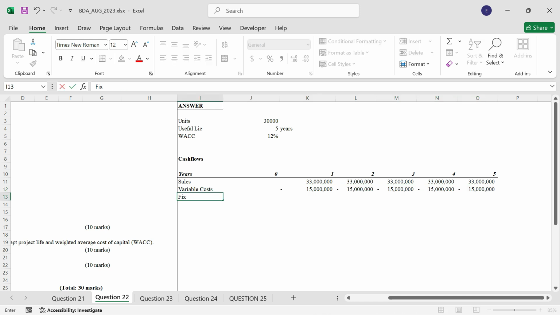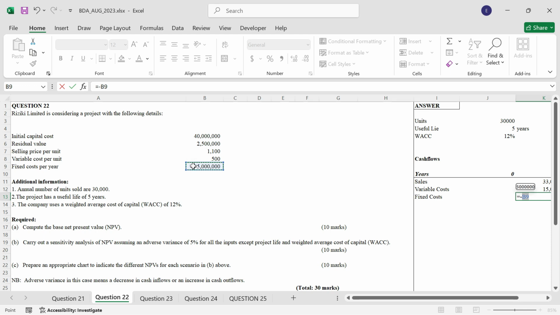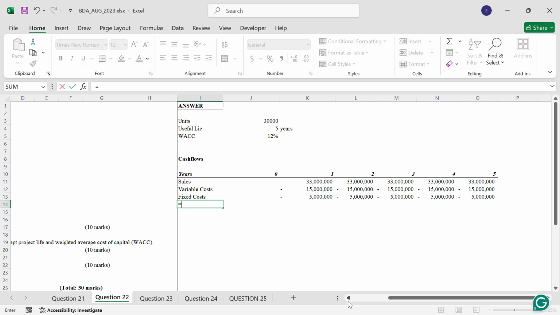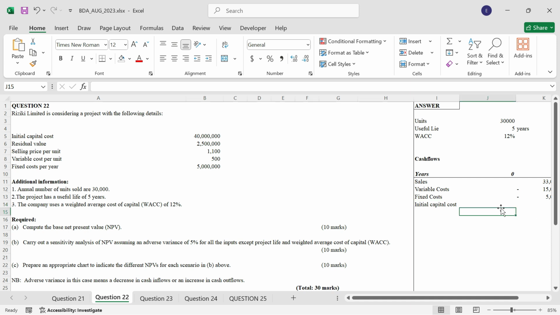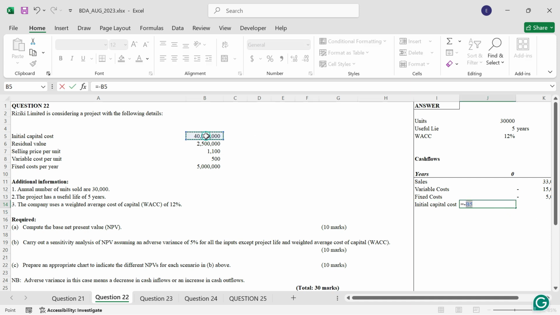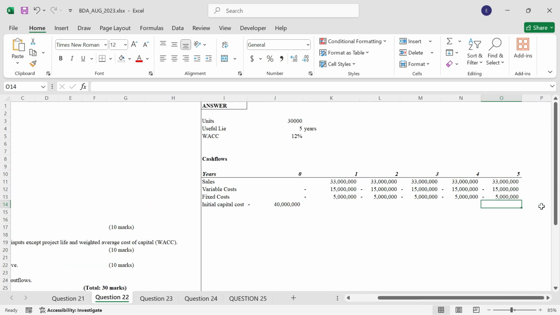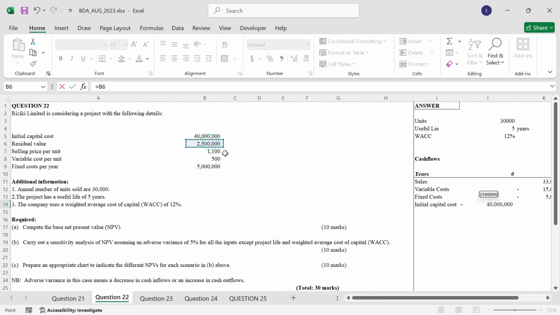Then I have my fixed costs being just 5 million. So to start and lock. And then now I can have my initial cost as 40 million and its corresponding residual value as 2.5 million.